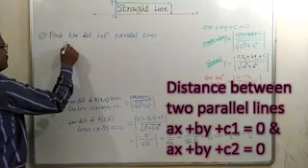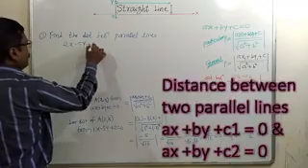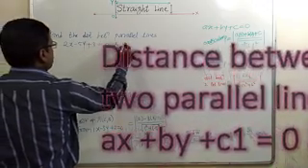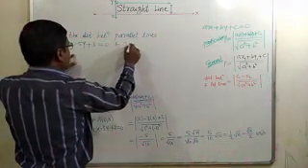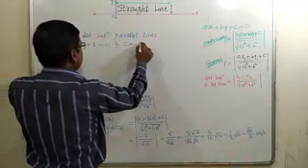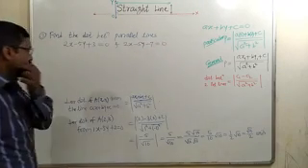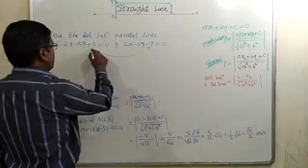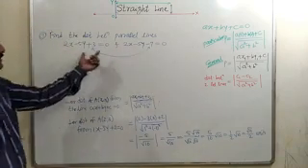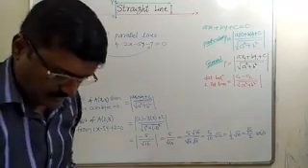Consider the first line as 2x minus 5y plus 3 equal to 0, and the second line is parallel, that's why these two terms are the same: 2x minus 5y minus 7 equal to 0. So the difference is only in the constants. Otherwise, these two terms are the same. Now we have to find the distance between these two parallel lines.